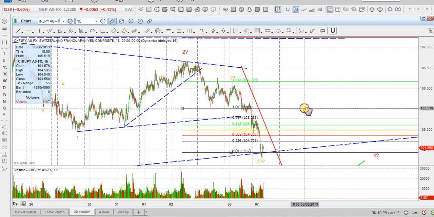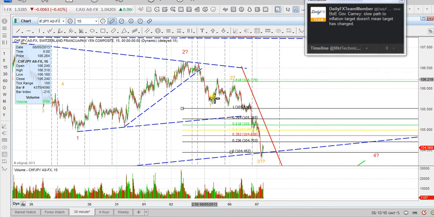When we take that extension, it's also at that same level, that 104.5 region. So we could also see, if this pushes beyond the beginning of that larger wave 1, that we would still be in that 3rd wave.